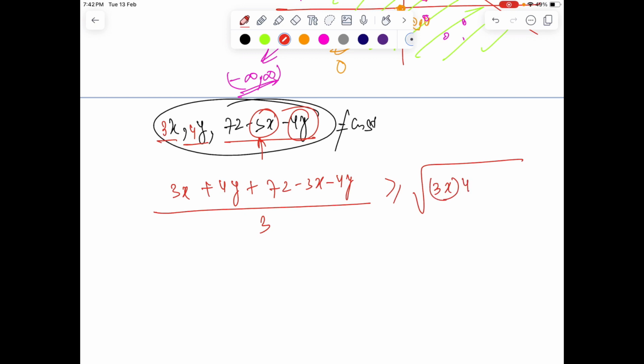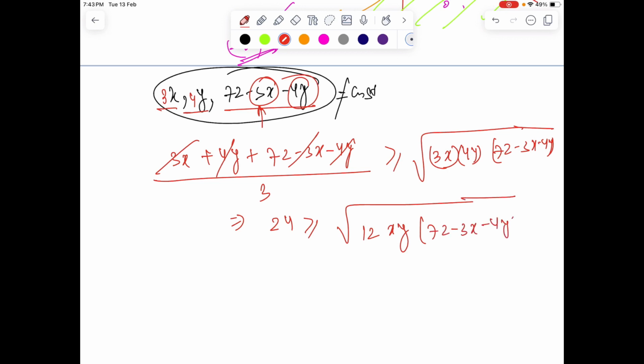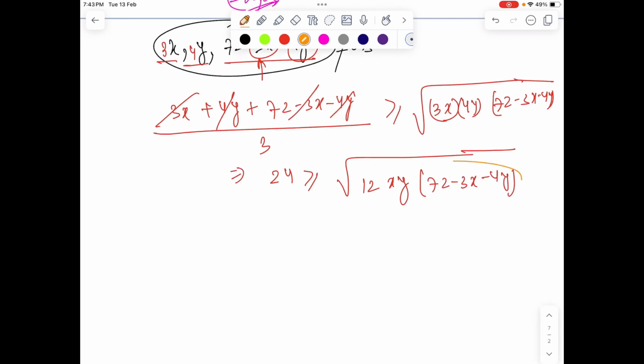That will simply give me the AM of these three numbers, divided by 3, is greater than or equal to the GM of them: the cube root of 3x · 4y · (72 − 3x − 4y). And this quantity is simply 24, which is greater than or equal to the cube root of 12 times xy(72 − 3x − 4y).